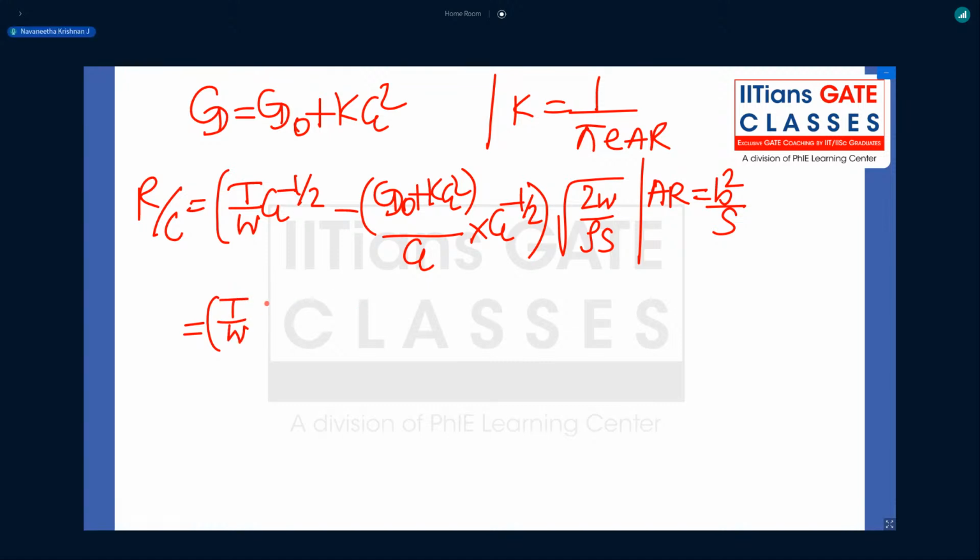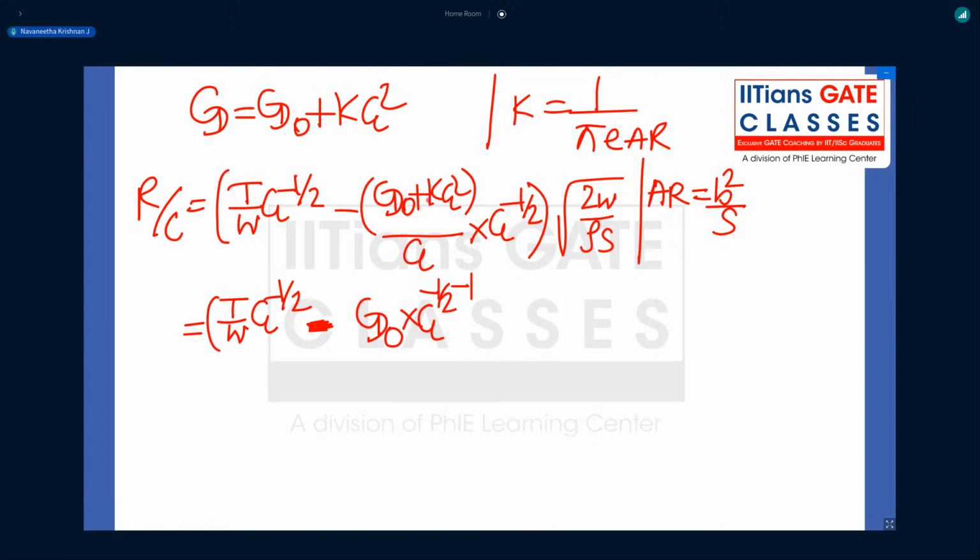So thrust by weight into CL power minus 1 by 2, then minus CD naught into CL power minus 1 by 2, and 1 by CL means CL power minus 1, so this will become CL power minus 1 by 2 minus 1.